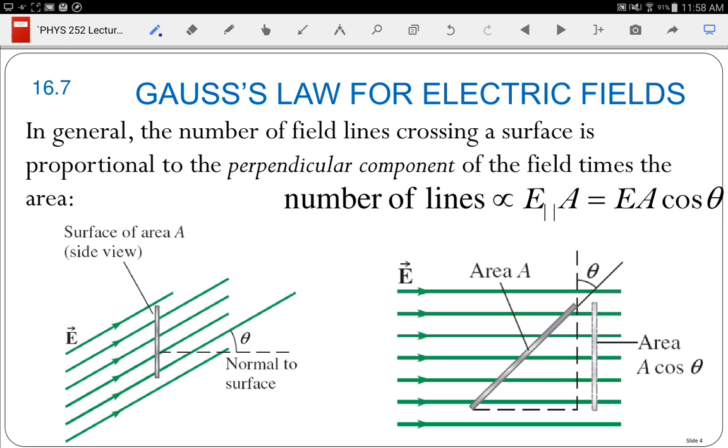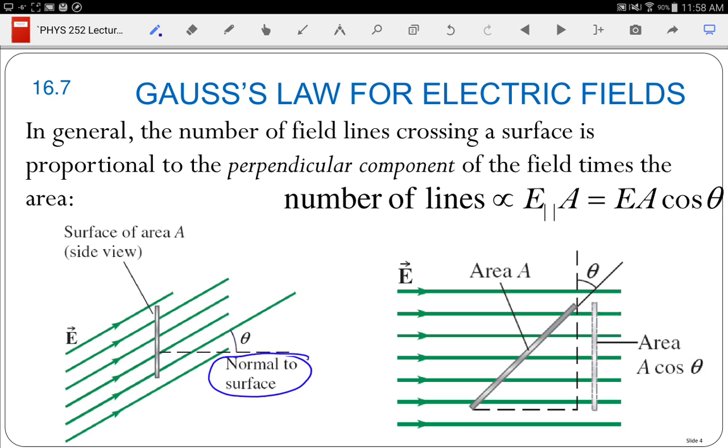Yeah, trigonometry. I just need to find the component of the electric field that's normal to the surface. So we have a picture here showing basically the same thing. What we do is we identify the direction of the normal to the surface. Notice the words there, normal to the surface. And then we find the angle between the electric field and that normal.